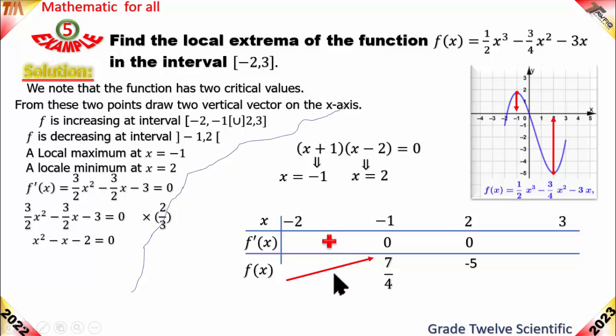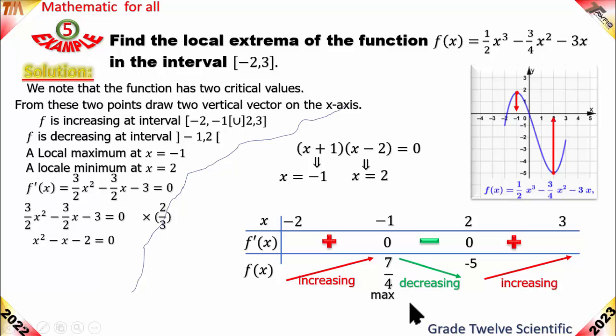It is positive, that means the function is increasing, and here it is negative, so the function is decreasing, and here it is positive, that means the function is increasing too. That means it has a local maximum at (-1, 7/4), and it has a local minimum at (2, -5).